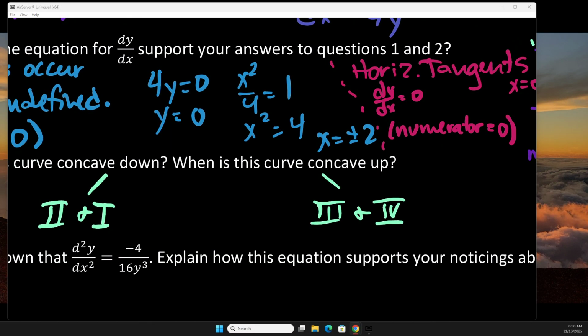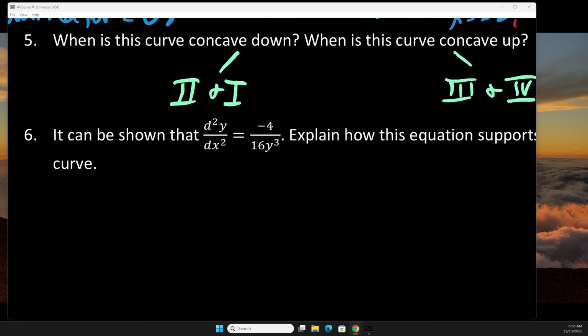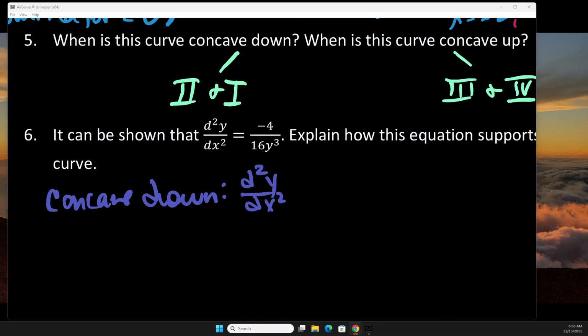And then how can we use this equation to support your noticings about the concavity of the curve? So this is the second derivative. If we want concave down, what do we want for the second derivative? Negative. Yeah. Okay, so the only variable that is in our second derivative is y. And so we want to be able to cube a y and divide it by a negative and get a negative for concave down.